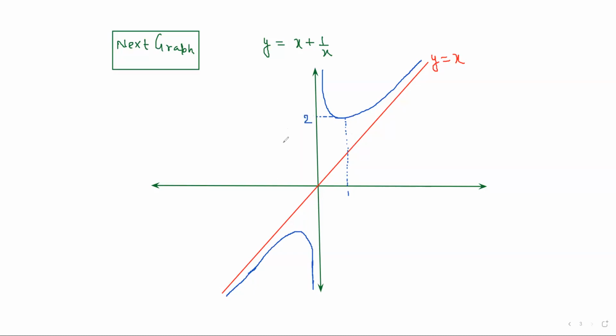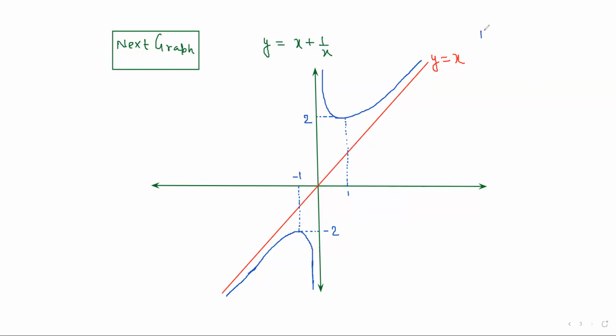And you also observe at x is equal to minus 1, you get minus 2. And this is the y is equal to x graph. So this is the graph of x plus 1 by x.